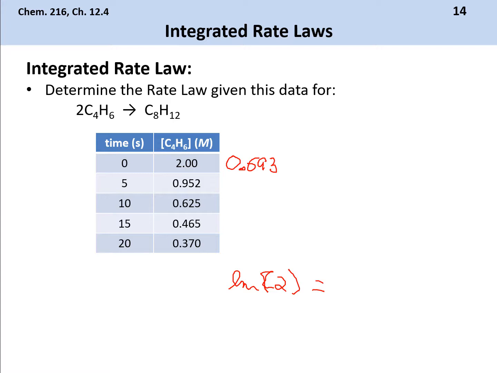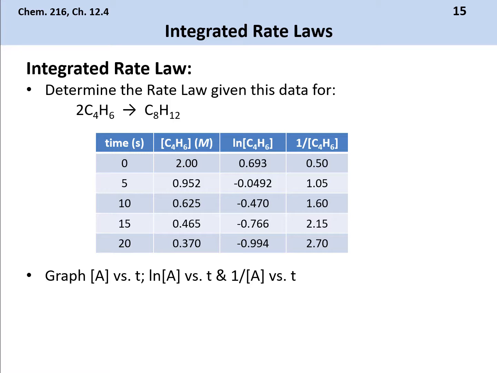Okay. I can do the same thing with 1 over those concentrations. So 1 over 2 gets me 0.5. Right? So here's all that data. And then what I'm going to do is I'm going to plot this versus time. If this gives me a straight line, that means it's 0 order.